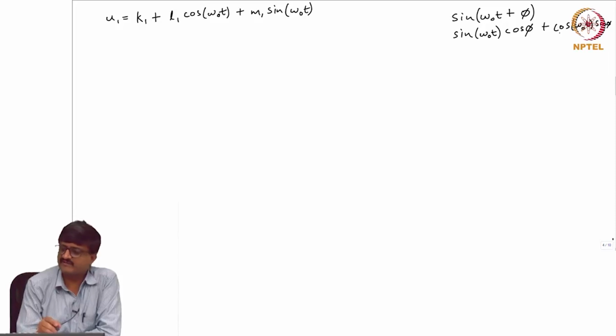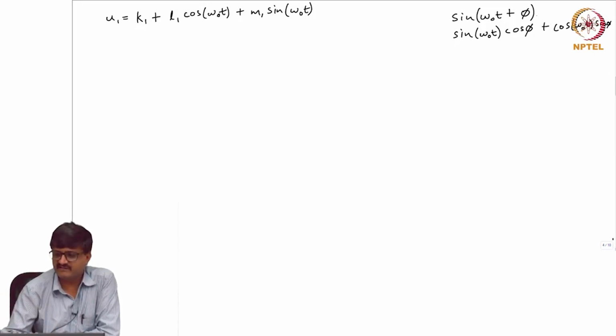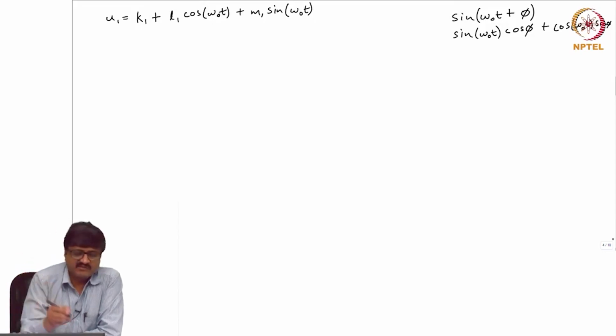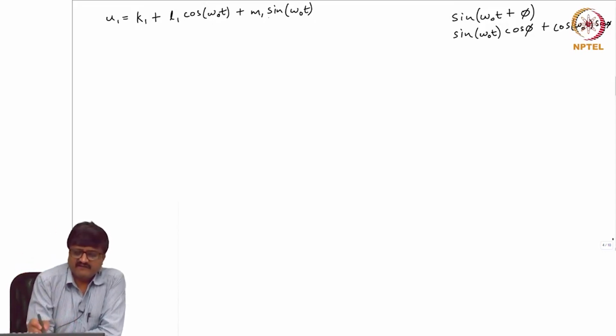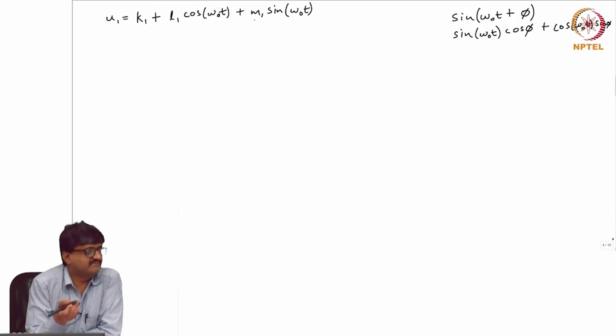So, what I am trying to say is I can in general write u1 as a constant plus a constant factor times cos omega ot plus a constant factor times sin omega ot. Can I do that? Because I will get terms like sin omega ot plus phi. Of course, there is a coefficient to that which is a constant, so that gets absorbed in this L1 and M1. So, the size of K1, L1 or M1 is the same as that of u1.